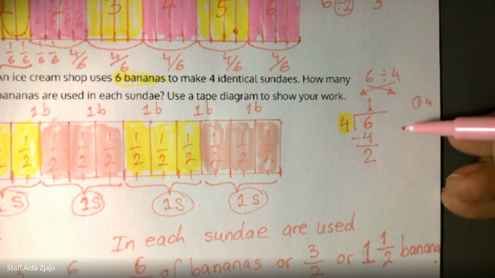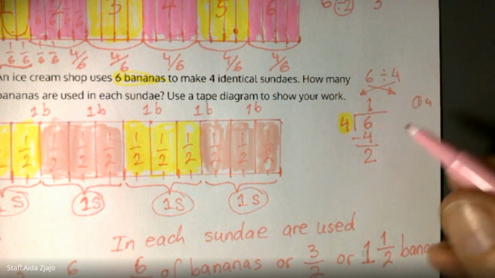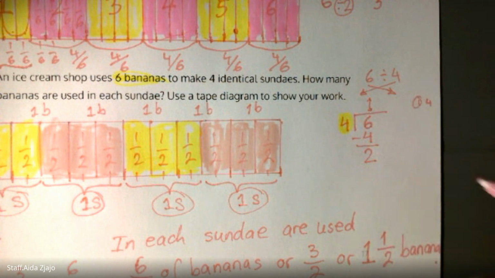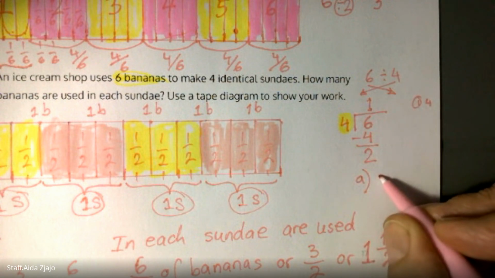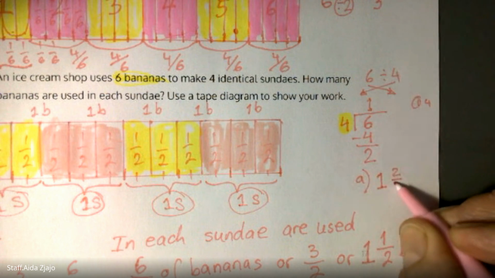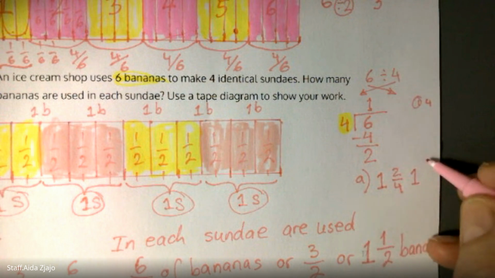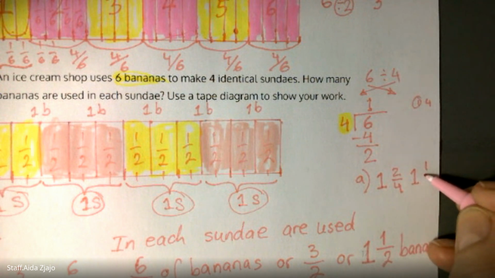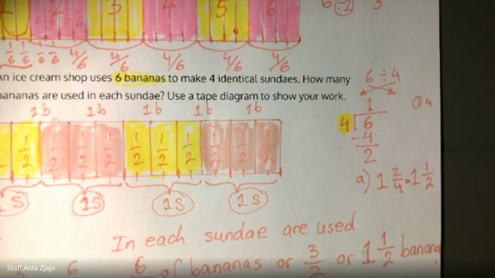Or we can say that this is the leftover out of 4 pieces. So one answer could be A, for example. It would be one whole banana and 2 out of 4 left, or one whole banana and one half. Okay, both answers are equivalent, and that could be one answer as a fraction.